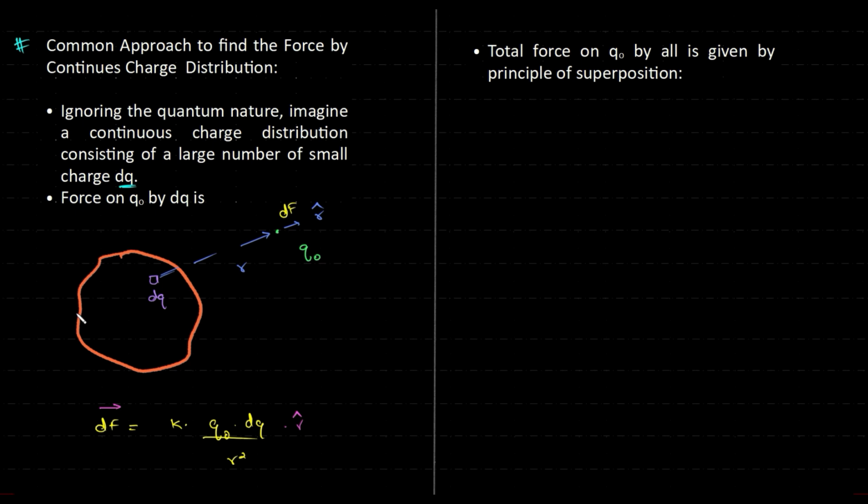Now, what is the total effect of all of this? Well, we will have to add it up. Okay, so that will be your total force. So integration of K q naught dq by r square, right? Again, these are charges, product of charges, r cap, that's your direction. Now, what is fixed and what is going to vary? That's important for you guys to observe.